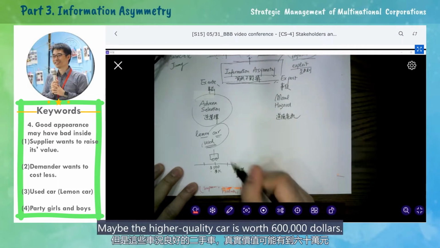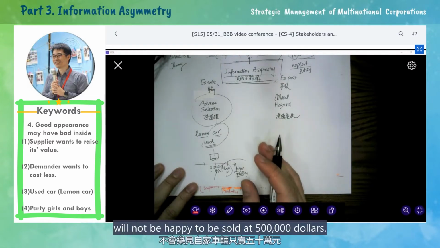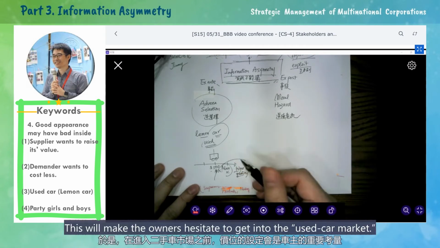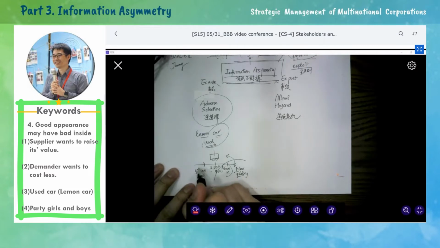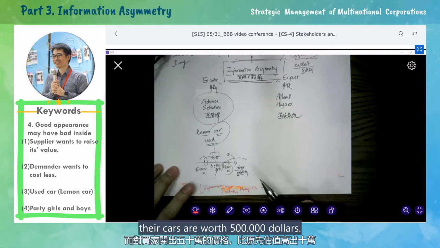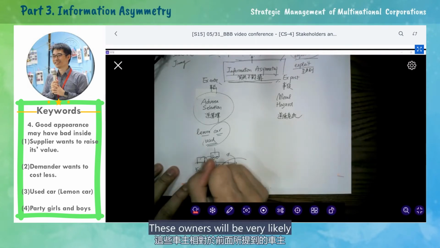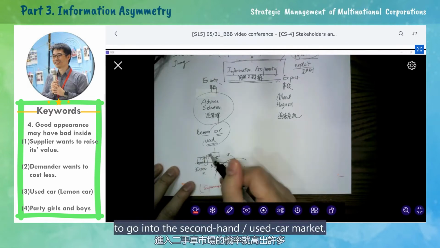The owner of a higher quality car, worth maybe 600,000, will not be happy to sell at 500,000, right? So they hesitate to get into the market. But those whose car is only worth 400,000 will try to pretend it is worth 500,000, so they would very likely go into the second-hand used car market.